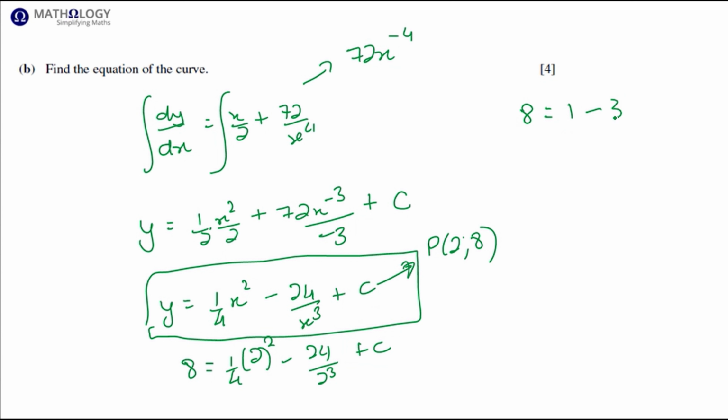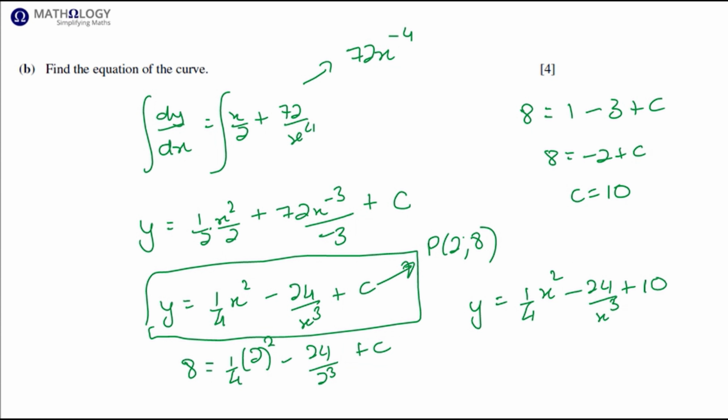So 1 minus 3 plus c. 8 equals minus 2 plus c. c equals 10. So the equation of the curve is given by y equals a quarter x squared minus 24 over x cubed plus 10.